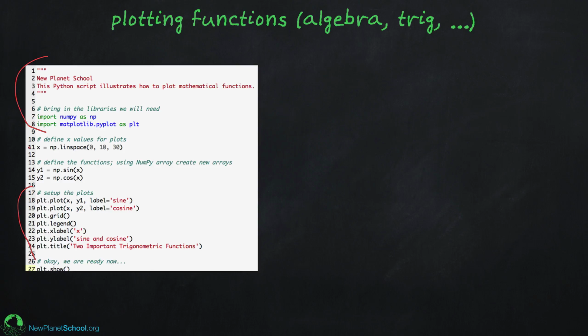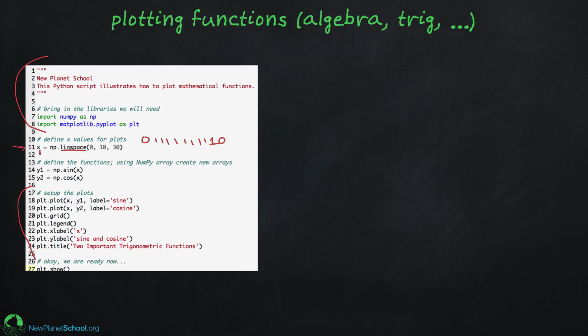So what I do is I define an array, which is called x, obviously for the x-axis, and I'm using linspace here. And what I'm doing is I'm going to plot a graph that starts at 0, goes to 10, and has a total of 30 points. Now this is the reason you want to use NumPy arrays and not the standard list of the Python language.